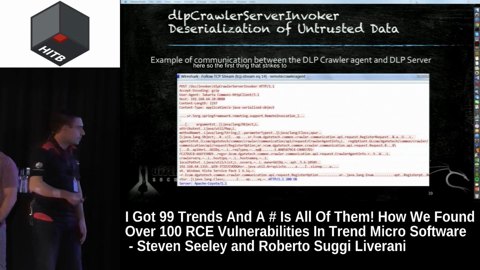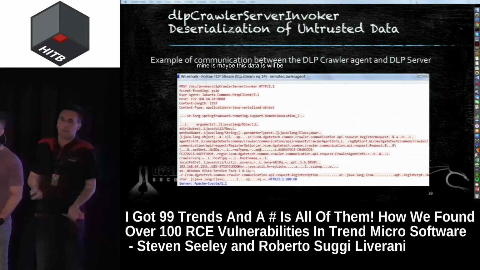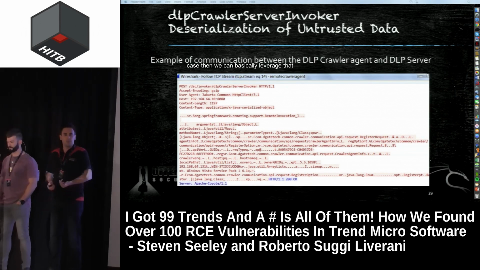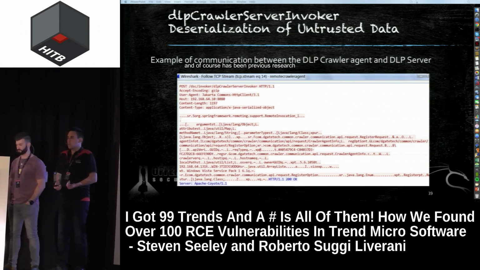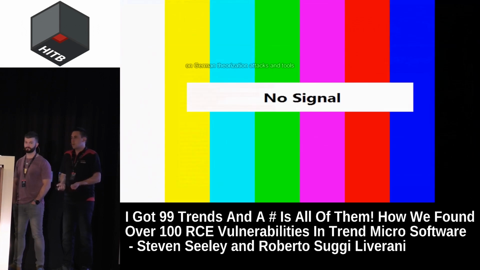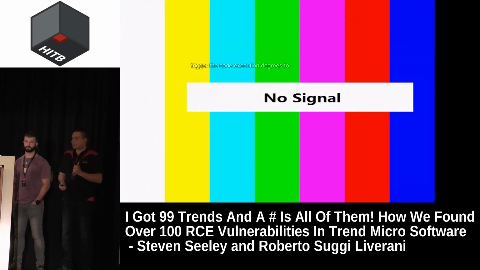So the first thing that comes to mind is maybe this data will be unserialized, and if that is the case, then we can basically leverage that. And of course, there has been previous research on Java unserialization attacks, and tools like ysoserial make it very easy to create payloads, which will then trigger the code execution.